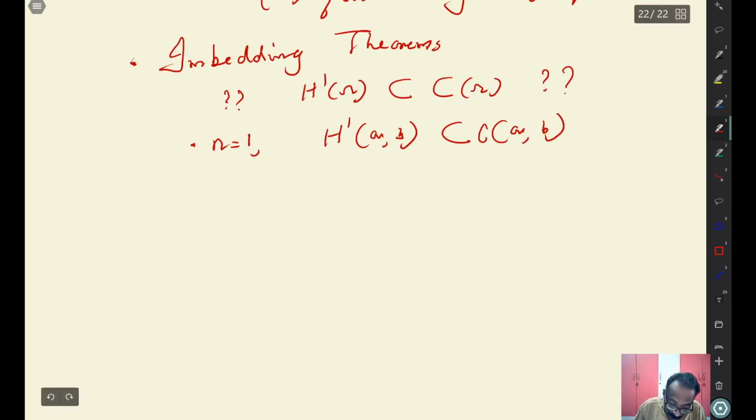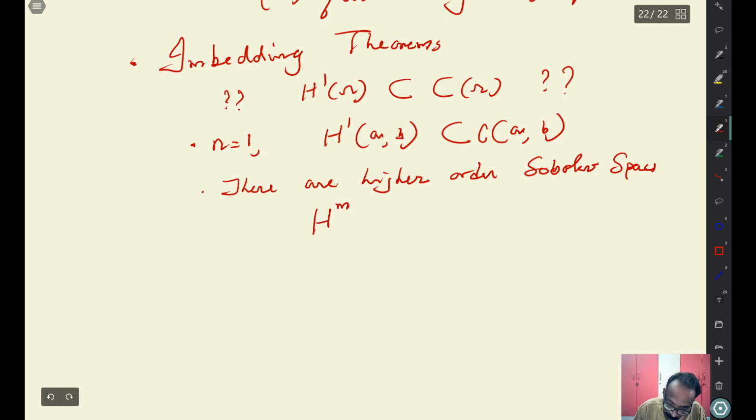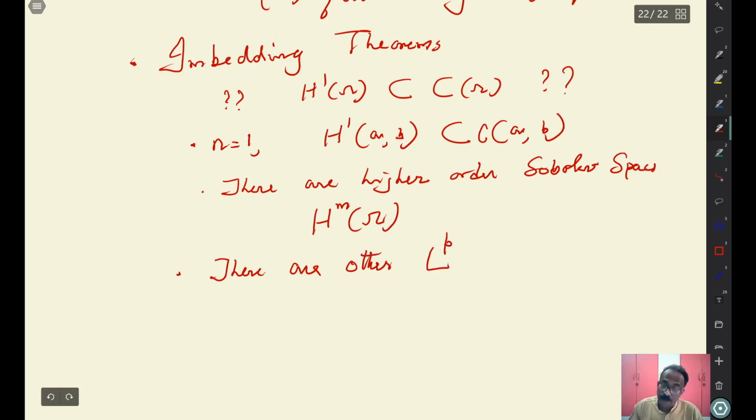There are also higher order Sobolev spaces, H^m of Ω. There are also Lp Sobolev spaces, not necessarily with L2.